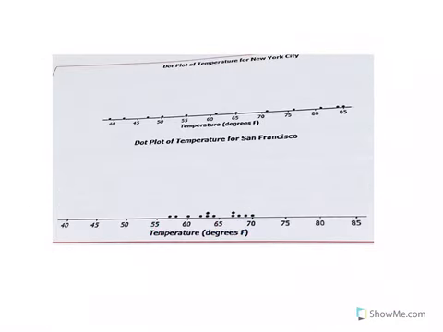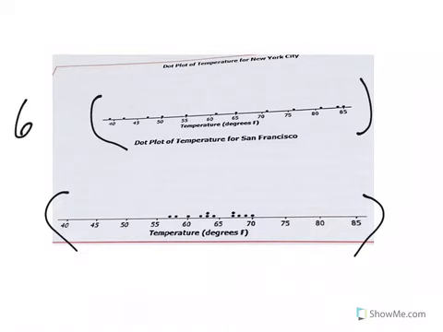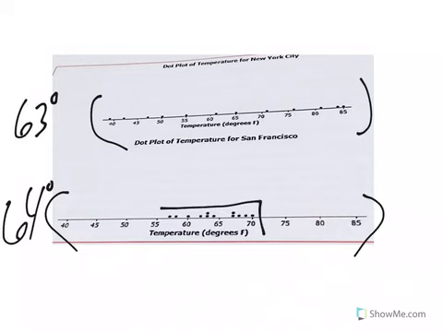This is a dot plot of the temperatures for New York City across the 12 months right here. Down below, we have San Francisco. Well, the averages are basically the same. New York was an average of 63 degrees Fahrenheit across the year. San Francisco was 1 degree different, which was 64 across the entire year. But if you notice, San Francisco's are all clustered, right?